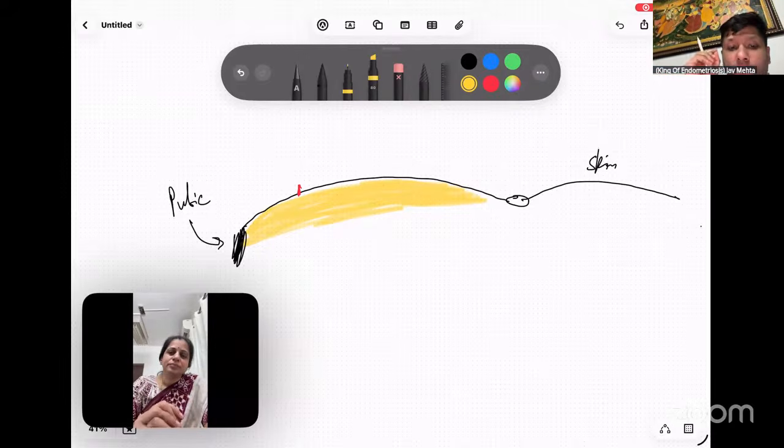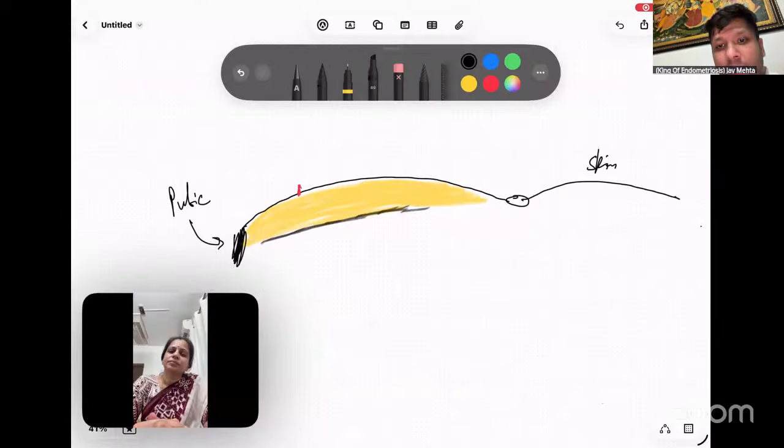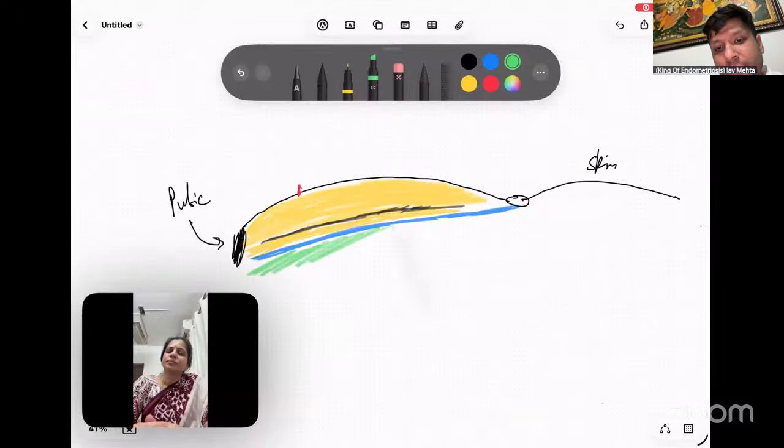Okay, so remember, when you open, the first thing which you see is the fat. Underneath the fat, you will see a small fascia. Okay, when you cut open this fascia, there will be a deep layer of fat. And inside this deep layer of fat comes the most important layer which you are going to see, and that is going to be the rectus sheath. When you cut open the rectus sheath, underneath the rectus sheath, what is visible to you is basically the rectus abdominis muscle.